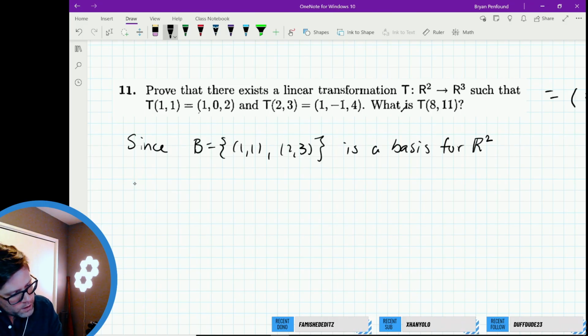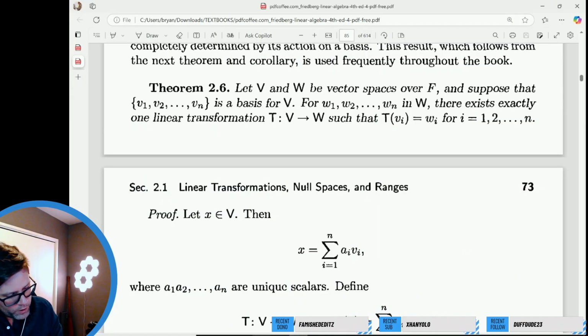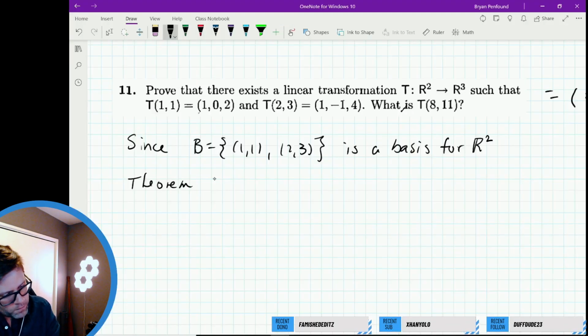for R2, theorem, what did we say it was? 2.6 is going to guarantee the existence for us.